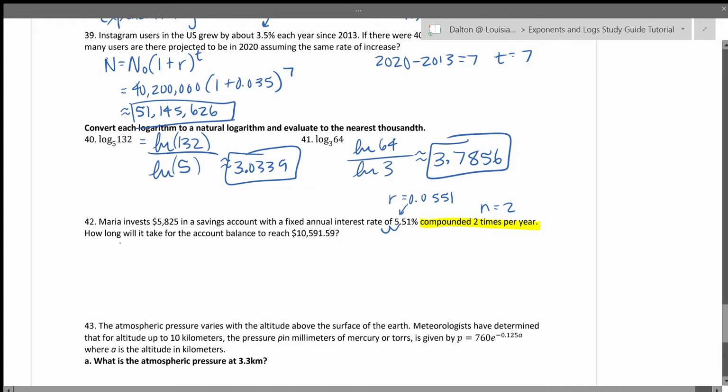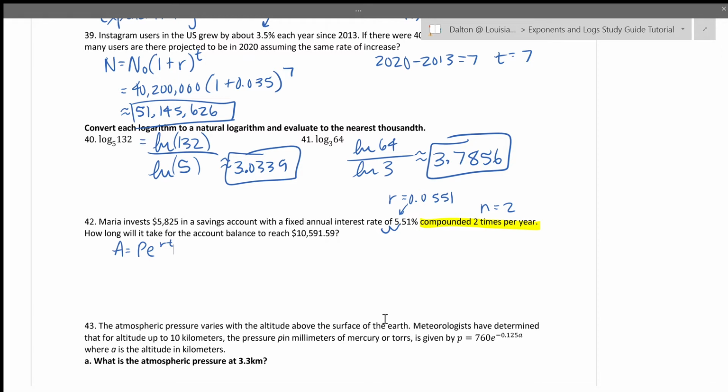So if I use the equation A equals P times e to the rt power, the question is how long will it take for the account to reach $10,591.59.